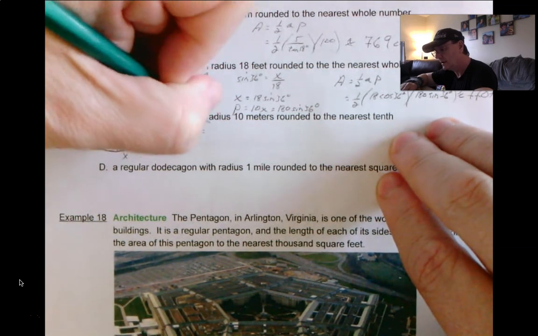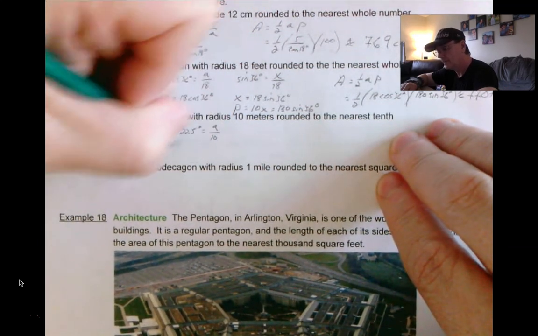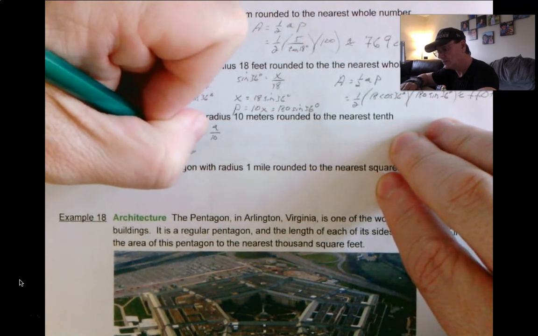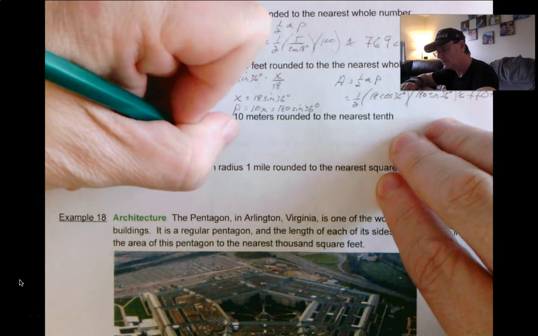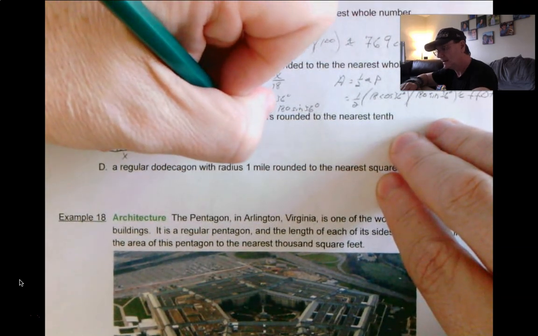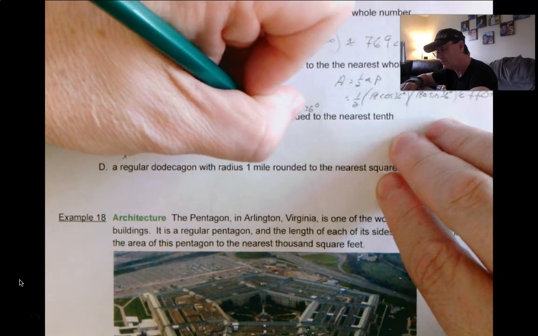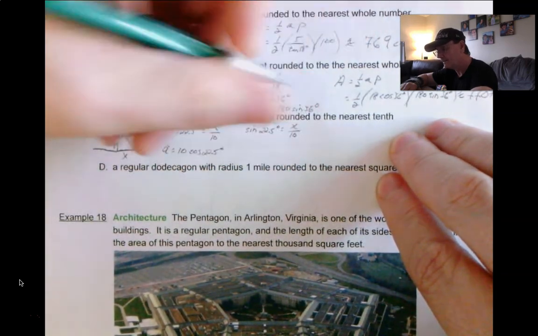Cosine 22.5 degrees equals A over 10. A equals 10 cosine 22.5 degrees. Sine 22.5 degrees equals X over 10.